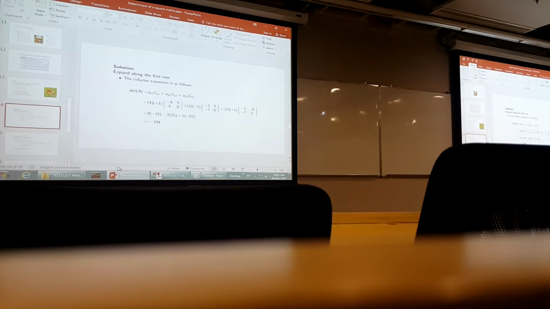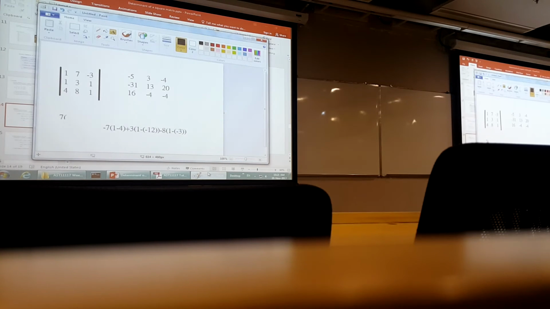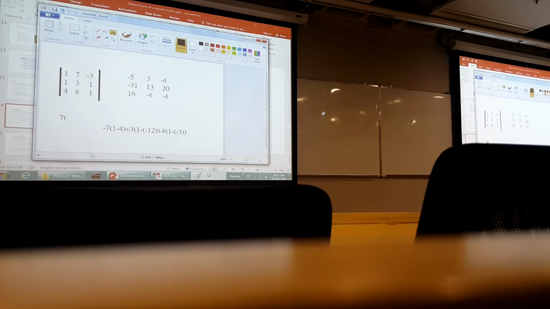Here are some examples. Can you do it by yourself by reading this? Okay, as what I did. And here, you make up the cofactor matrix and then choose any row and any column. Do the dot product.